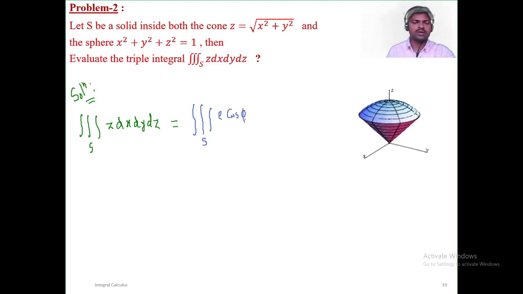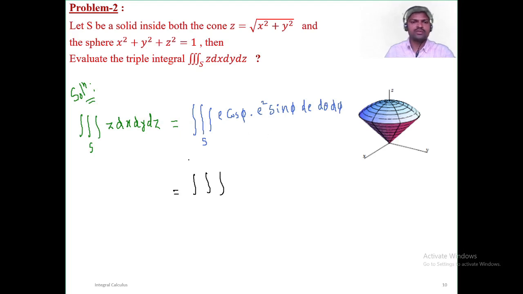Look at the transformations in the spherical polar coordinate system, into the Jacobian, right? The Jacobian is rho square sin pi, into d rho, d theta and d pi. So our next goal is the limits, isn't it? Theta limits, pi limits and rho limits.